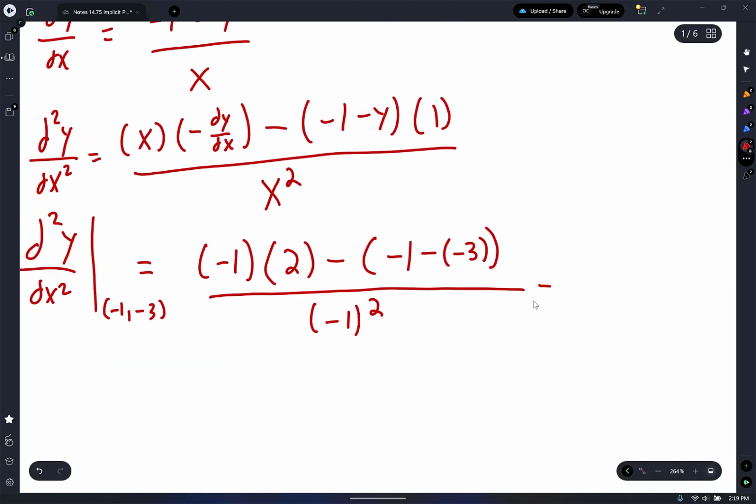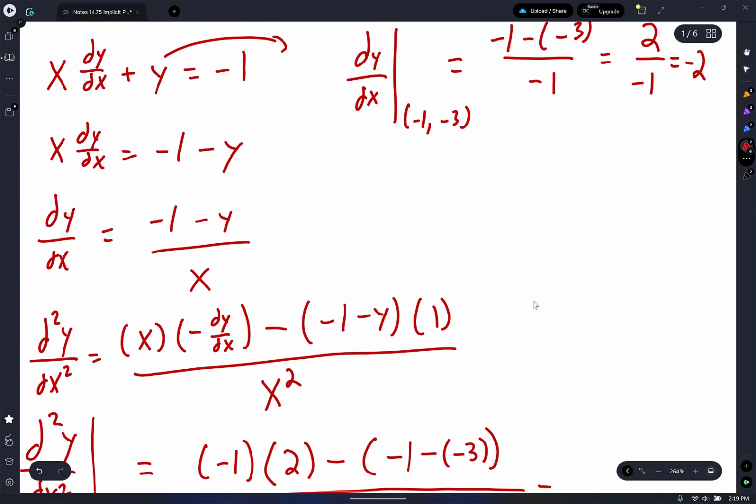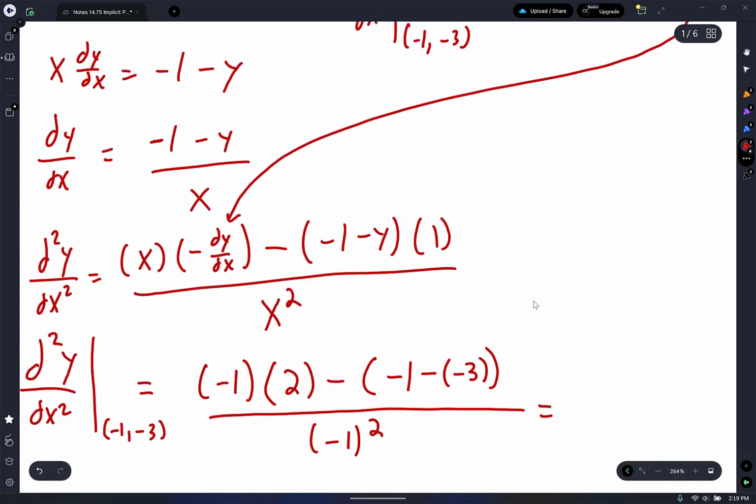So let's see. Can we do that without a calculator? Yes, we can. Oh, I made a mistake? No. What happened? I kind of got lost when you put 2 there, so I did 2. The dy dx was -2, but I have a negative, do you know what I mean? Negative, -2. No, you're good.